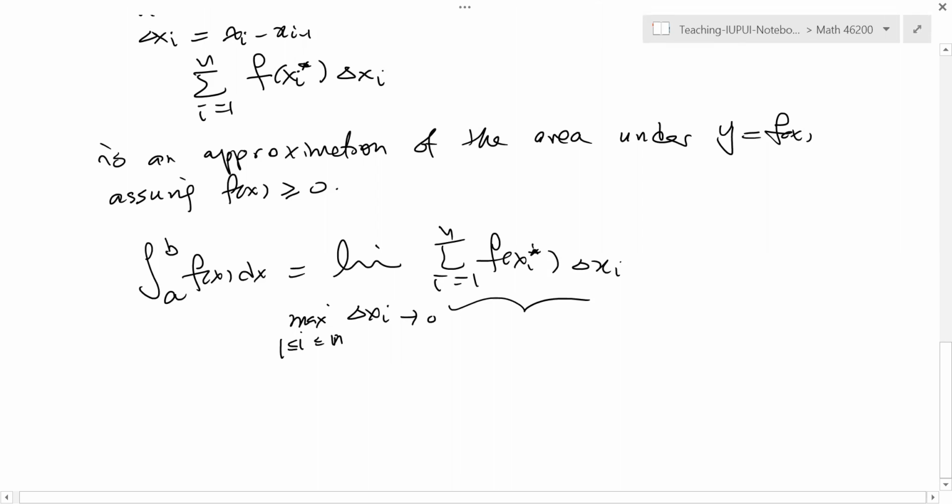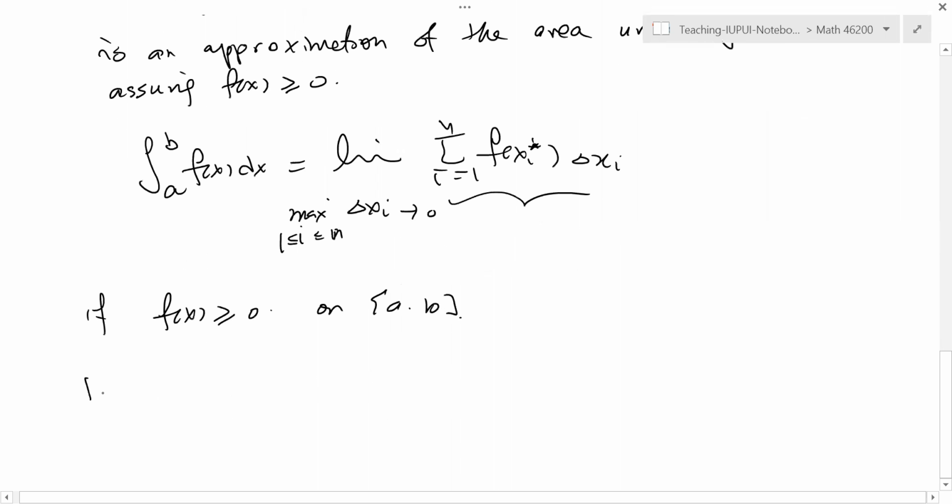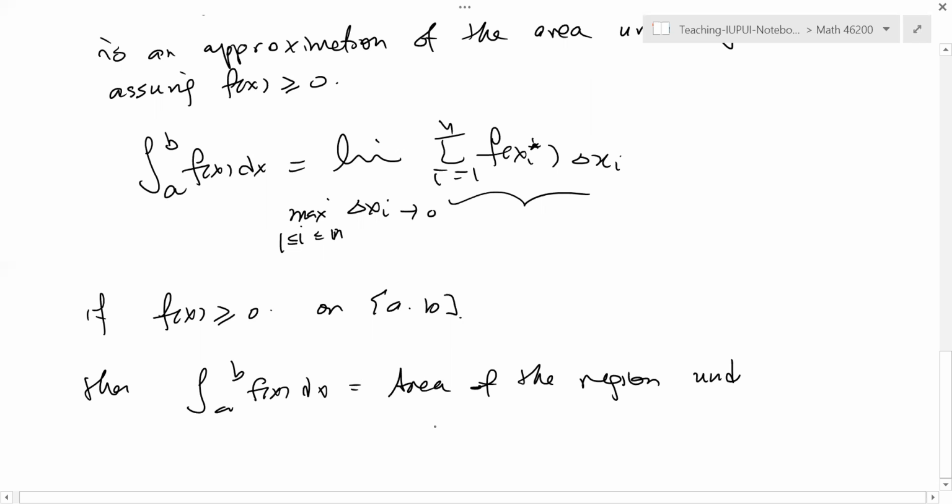Now, if f of x is positive on the interval, then the integral of this function is just equal to the area of the region under the graph y equals f of x.